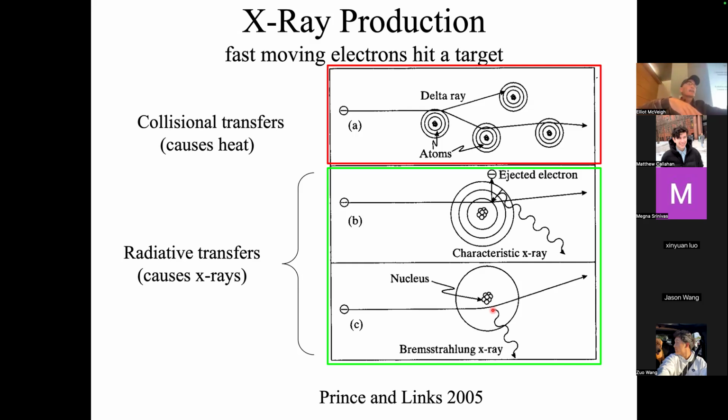We all did that in high school, right? You accelerate charges, you cause electromagnetic radiation. So if you accelerate this electron and it takes a hard left turn because it got really close to a positively charged nucleus, then what happens is it fires off in a new direction. It has a new speed, right? So its speed slows down and an X-ray comes off and energy is conserved in that collision.